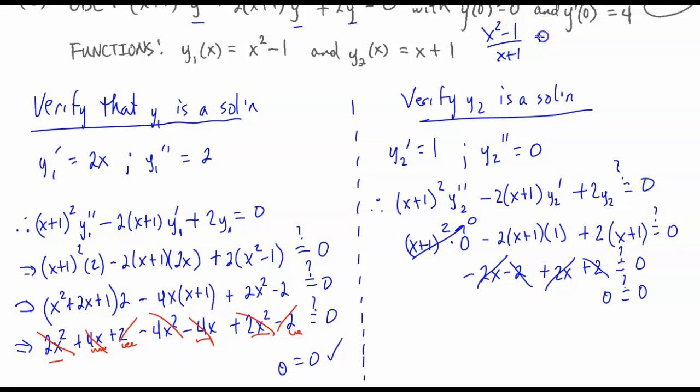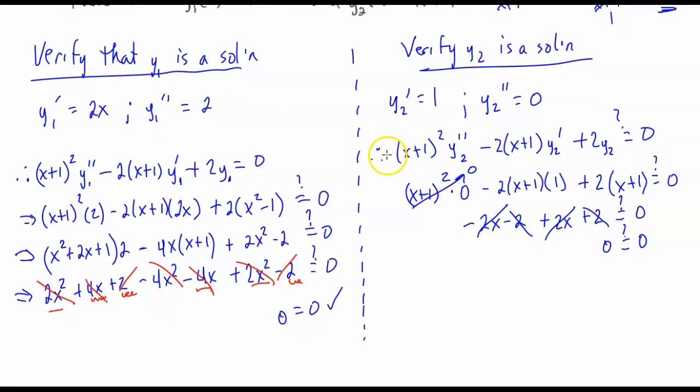We know that x squared minus 1 is just (x plus 1) times (x minus 1). And notice that these two terms would reduce to 1, but the result here is a function, not a constant. So because of that, we know that these two functions here are linearly independent of each other.